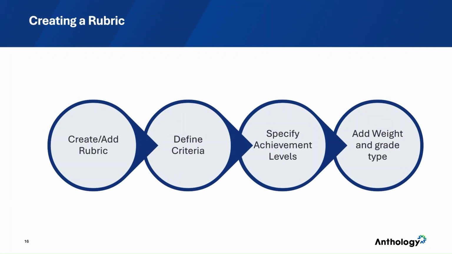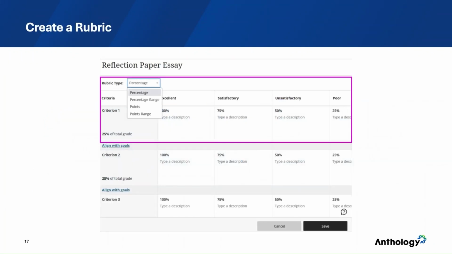So with that, students will be able to see it, and also you'll be able to use it for grading purposes. This is how the empty canvas will look when you hit create rubric, and this is a process that you can start from the gradebook or from the assignment settings. You'll find that at the bottom of the assignment settings and gradebook settings also, if you want to create one.